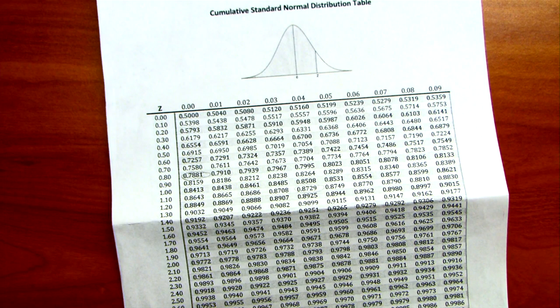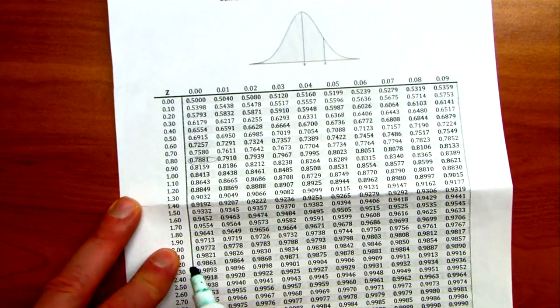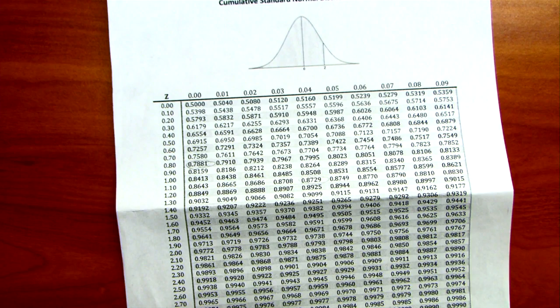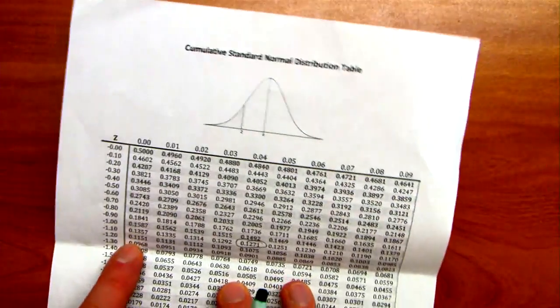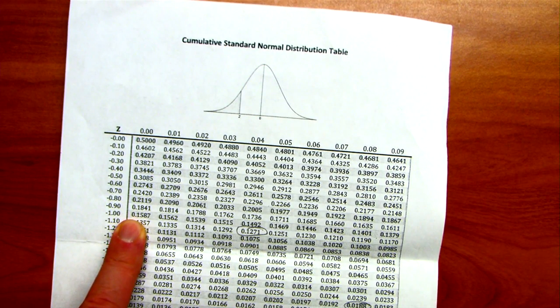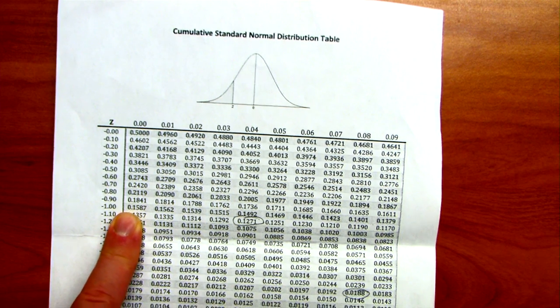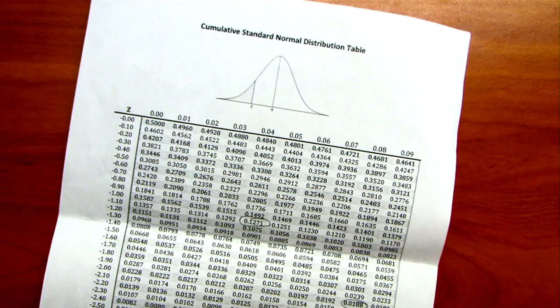When it's a between deal, I look up the big one first. So 2.0 gives me 0.9772. Then I look up negative 1.0, and it gives me 0.1587, and I subtract. I don't know if that's right. We'll go with it.